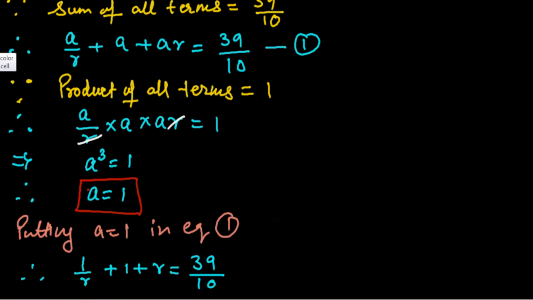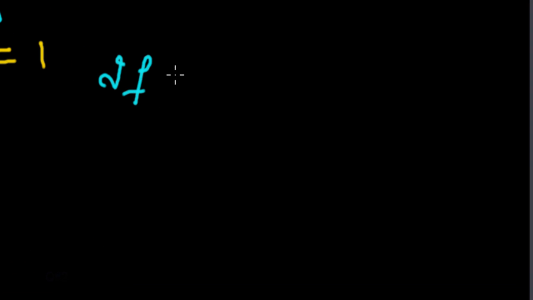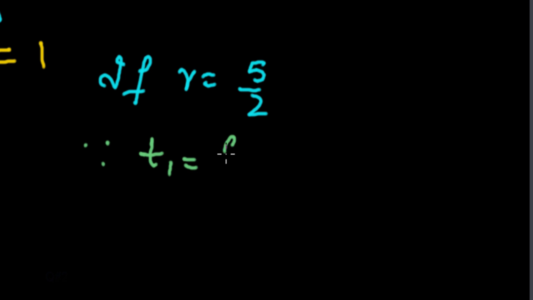If R is equal to 5 by 2, the terms would be: T1 is equal to A upon R, A is 1 and R is 5 by 2, so it is 2 by 5.